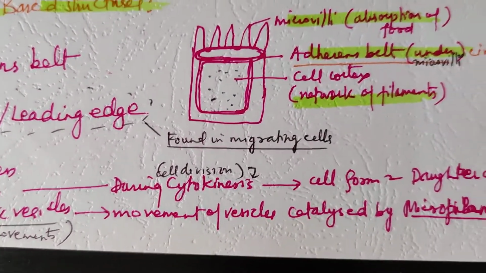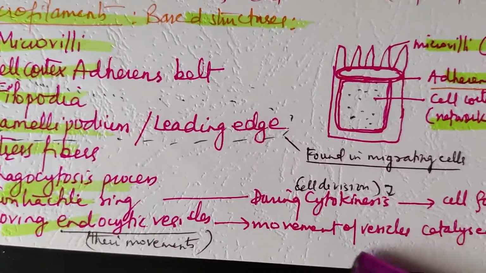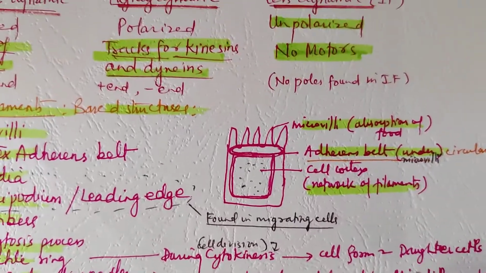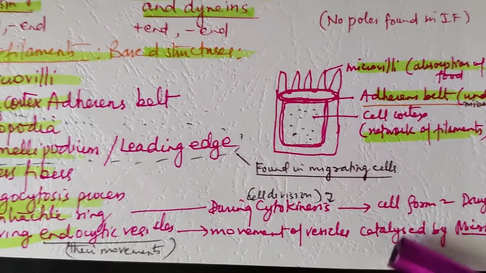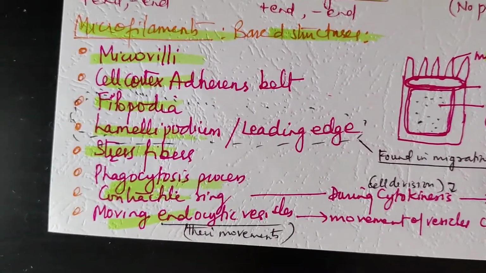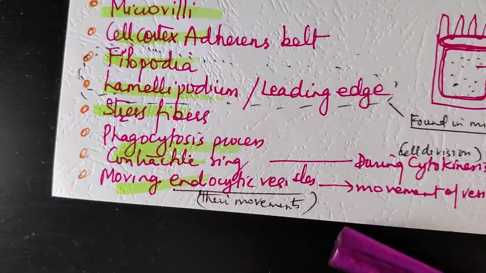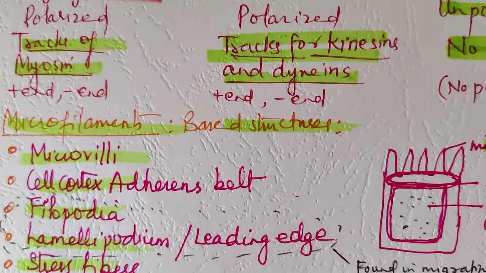Movement of vesicles is catalyzed by microfilaments. In the contractile ring during cytokinesis, the cell forms daughter cells, as we see in meiosis and mitosis. The contractile ring during cytokinesis helps in this. Moving endocytic vesicles move through the vesicles.